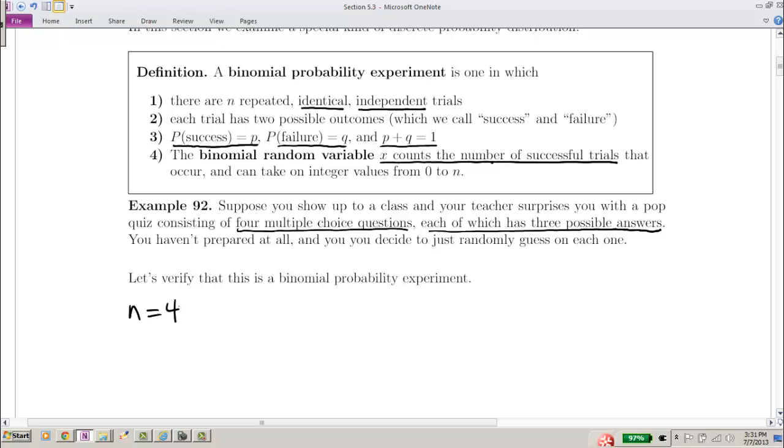Since each of the questions has 3 possible answers, the probability that you guess the correct one on each trial is the same. And so that's our value of p, the probability of success. We'll let success be that we guess correctly.